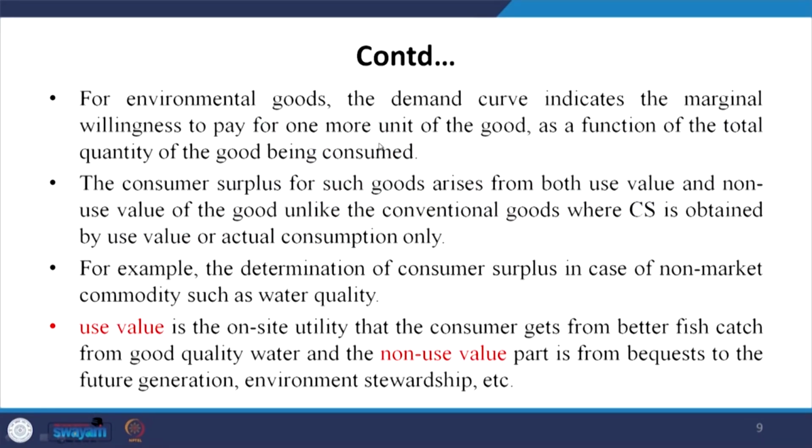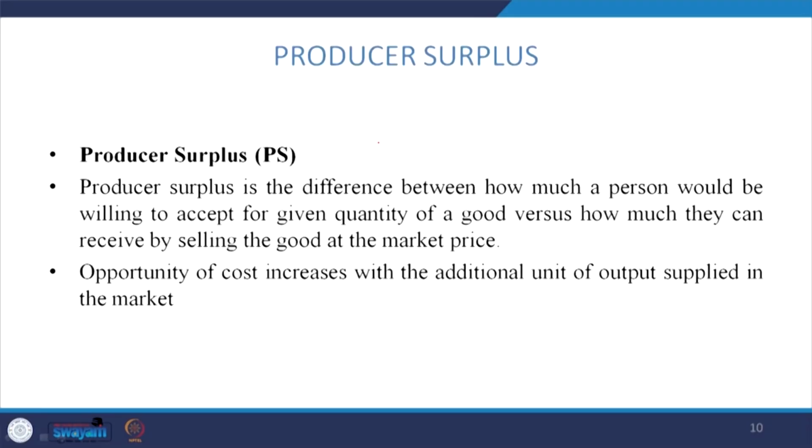Now, let me explain what producer's surplus is. Producer surplus is the difference between how much a person would be willing to accept for a given quantity of a good versus how much they can receive by selling the goods in the market.